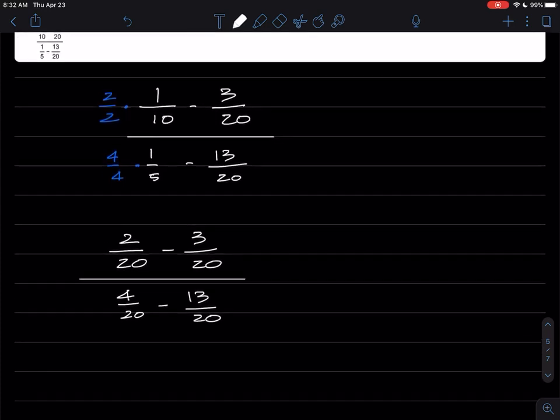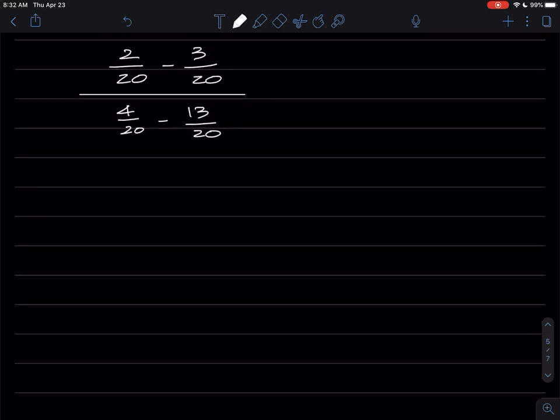Let's simplify that as we can. 2 minus 3 is negative 1, so we end up with negative 1 over 20. In the bottom, we have 4 minus 13, which is negative 9 over 20.